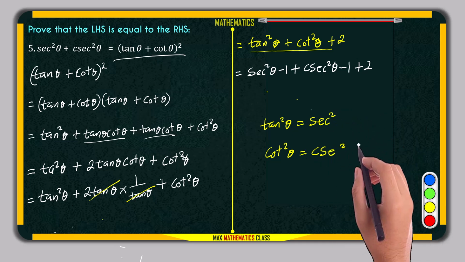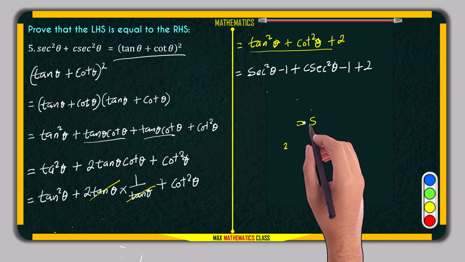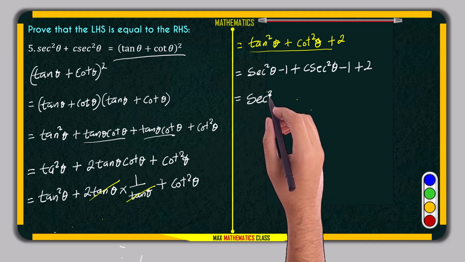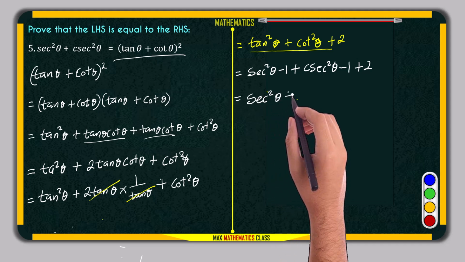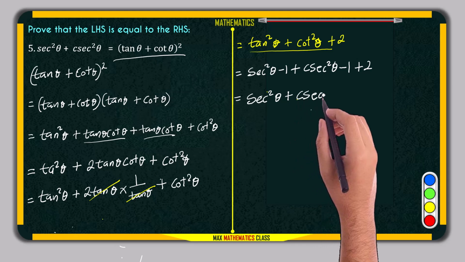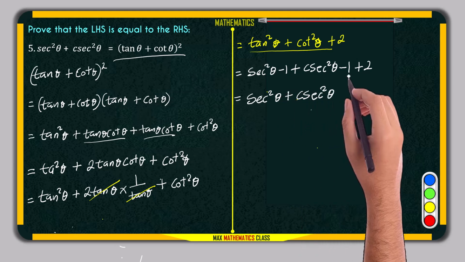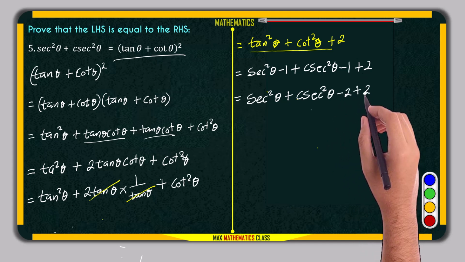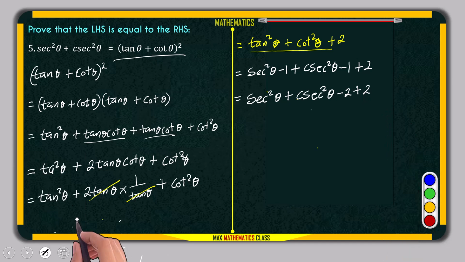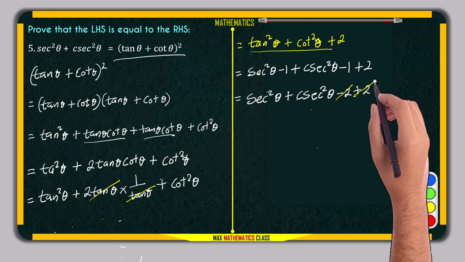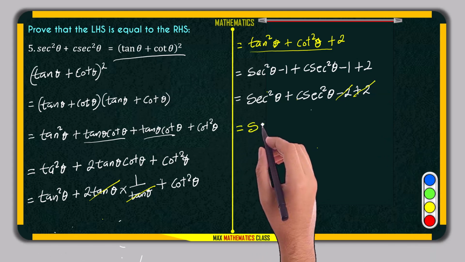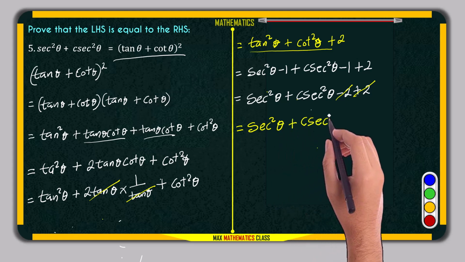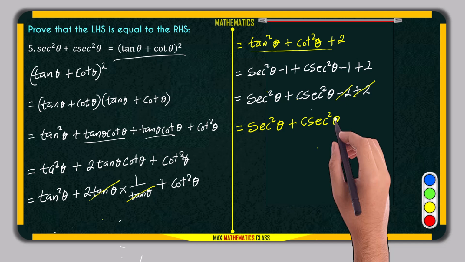So if we collect the like terms from this, we are going to have sec square theta plus cosec square theta, minus 1 minus 1 gives us minus 2, plus 2 that is already there. So you can see that these cancel out. We are now left with sec square theta plus cosec square theta, proved again.